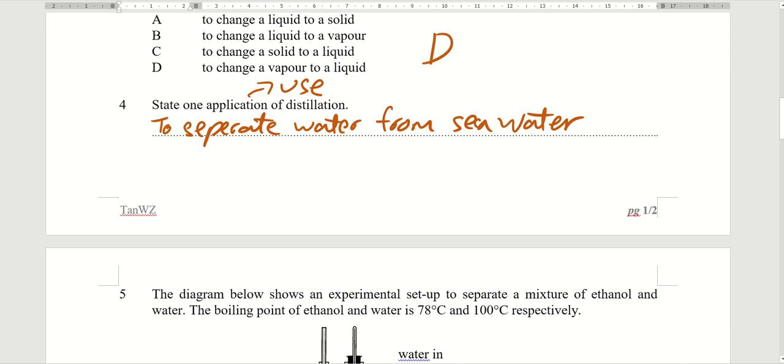There are many other uses. Other examples would be to separate the petrol and the kerosene from the crude oil.